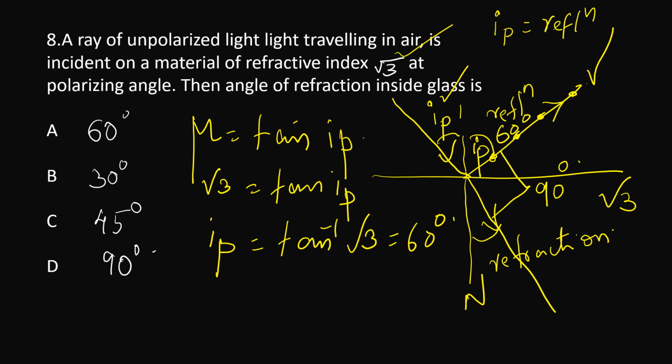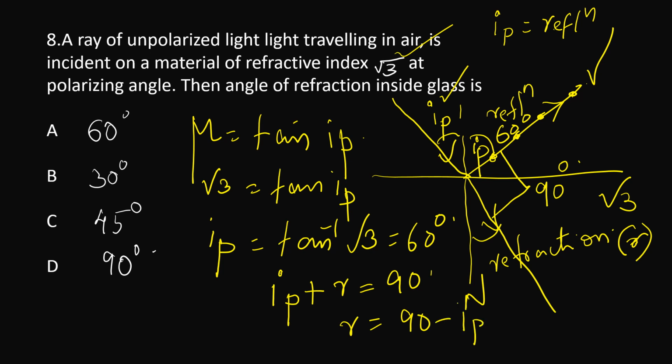And also from this we can understand that IP plus the angle of refraction R is equal to 90 degree. Therefore R = 90 − IP, so 90 − 60 is 30 degree. So the refracted angle is 30 degree.